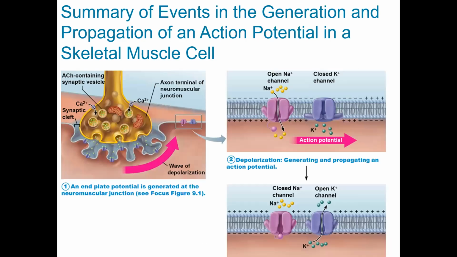Okay, so while this is not an animation, it does show you everything that's taking place here. The resting potential of a motor end plate is normally minus 90 millivolts, but when acetylcholine drifts across the synaptic cleft and lands on the chemical gates for sodium on the motor end plate and opens them, sodium will rush in and cause a localized depolarization, meaning the charge on the motor end plate will drop from minus 90 to minus 80 to minus 70 to minus 60.